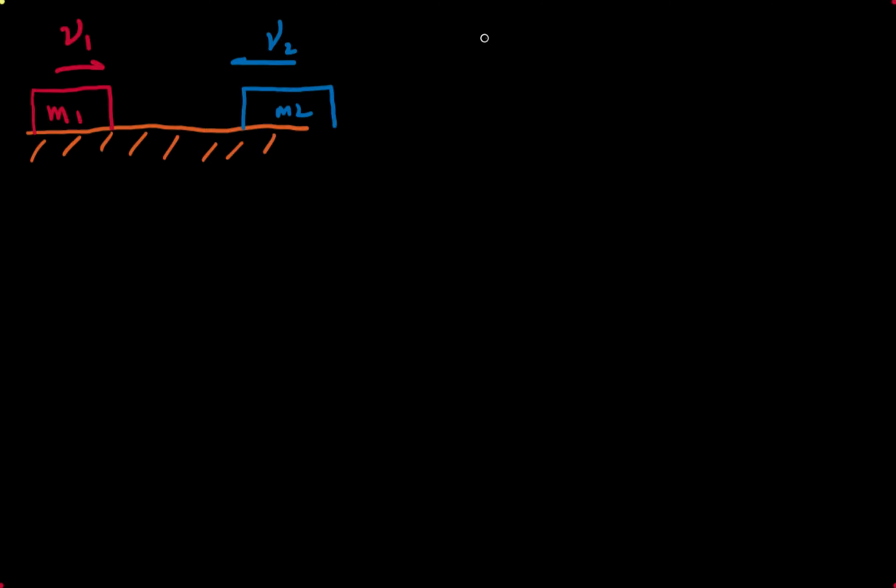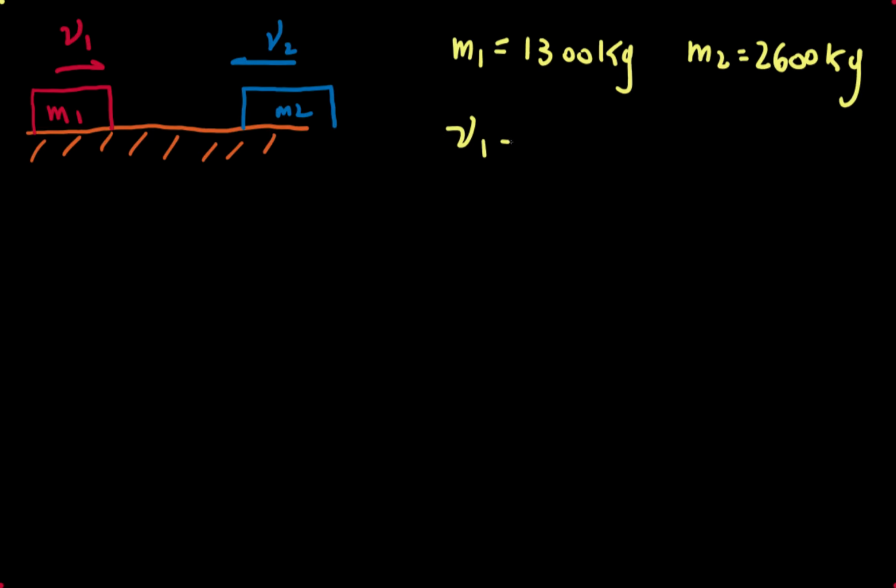Mass 1 is 1,300 kilograms. Mass 2 is 2,600 kilograms. We also know that the speed v1 is 30 meters per second, and speed 2 is 15 meters per second.